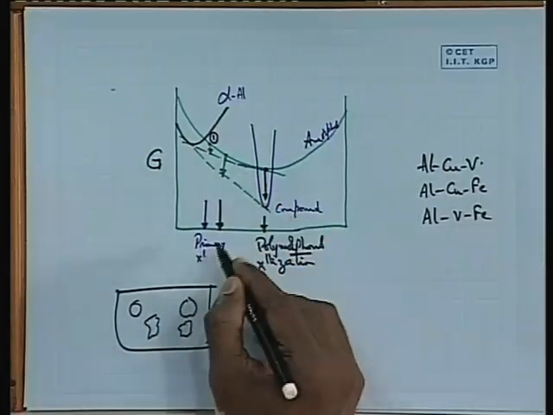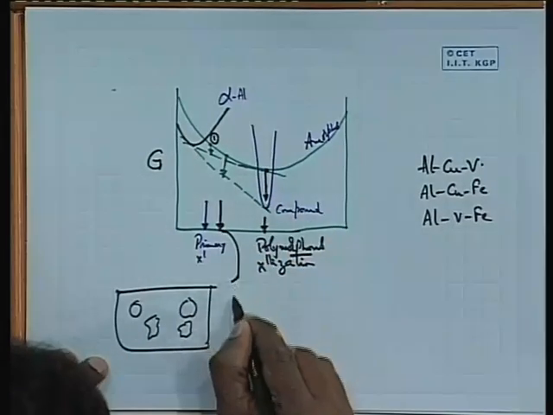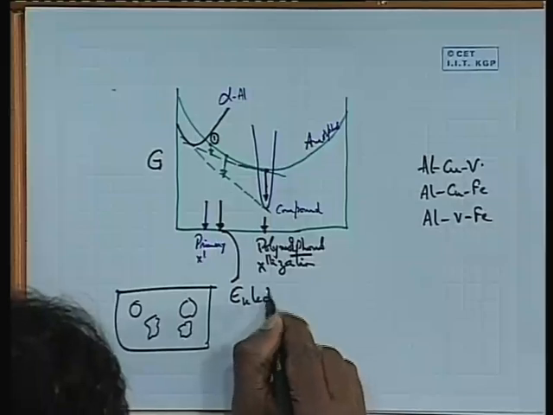And the other possibility is what is called eutectic crystallization.